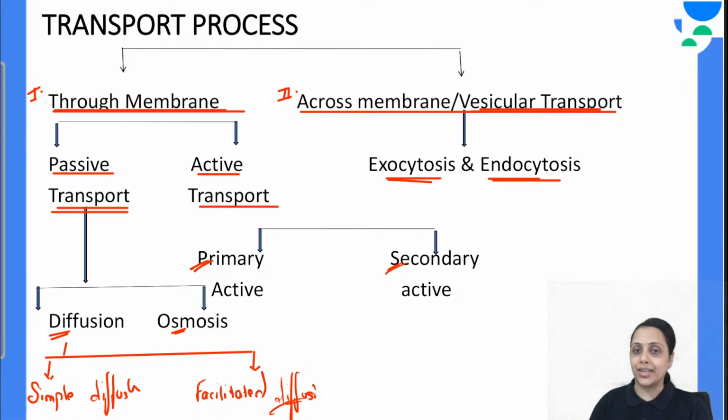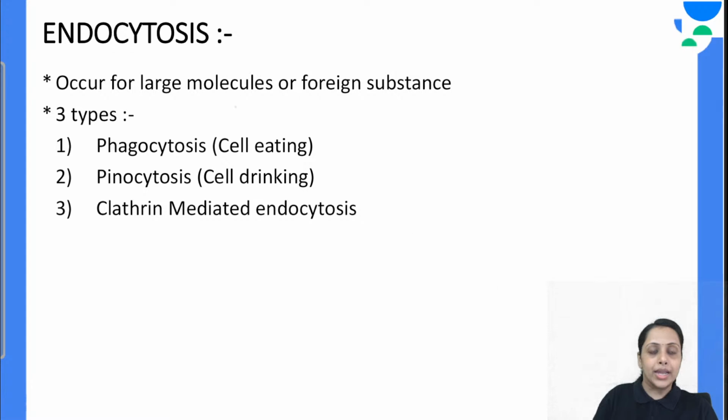First coming to vesicular transport. The first one is endocytosis. When something is taken inside the cell, it is known as endocytosis. It can be a large molecule or a foreign substance that is taken inside the cell.